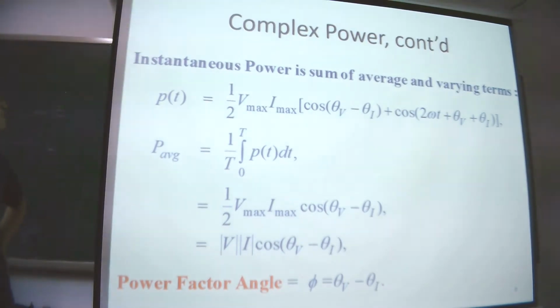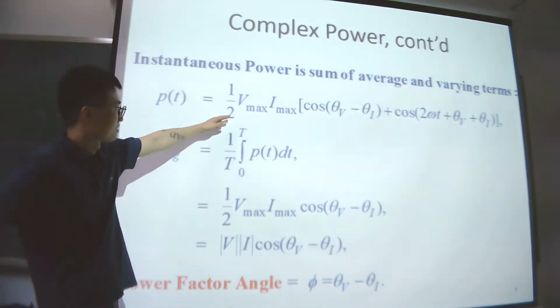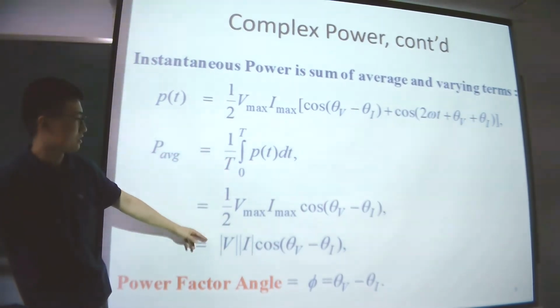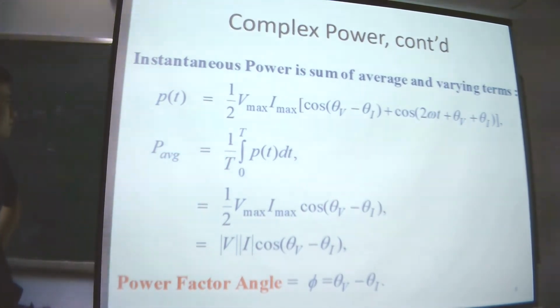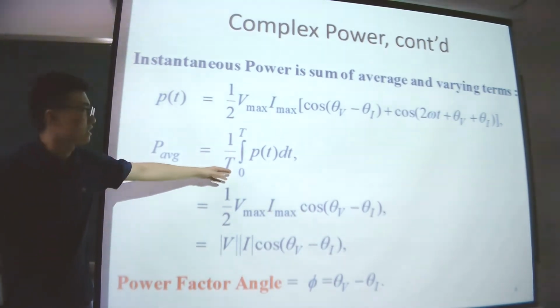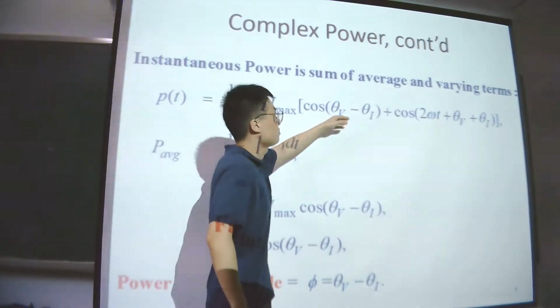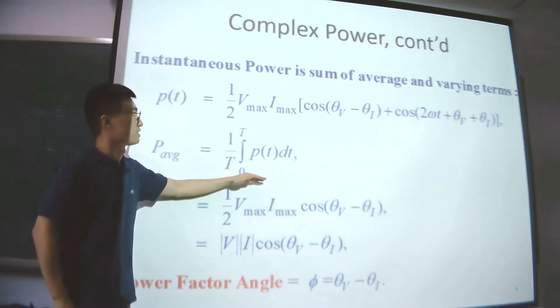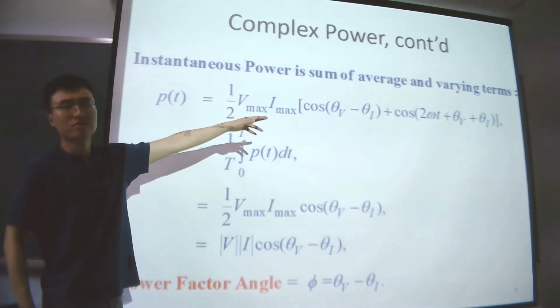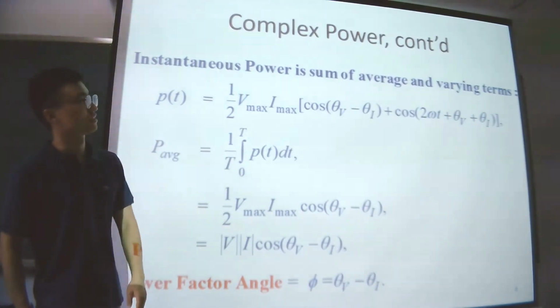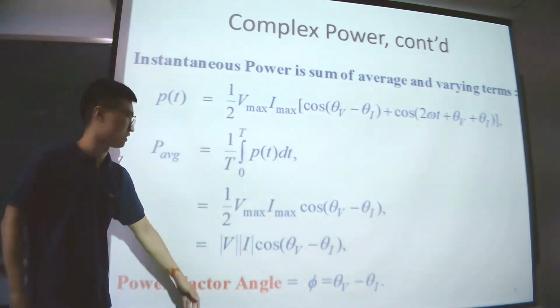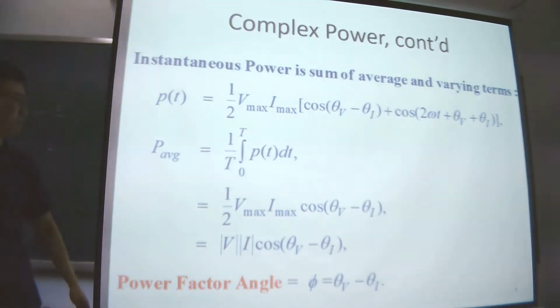So here we describe instantaneous power, and then the average. We just calculate the average of these two terms, get the sum of these two, and then we can get this one.